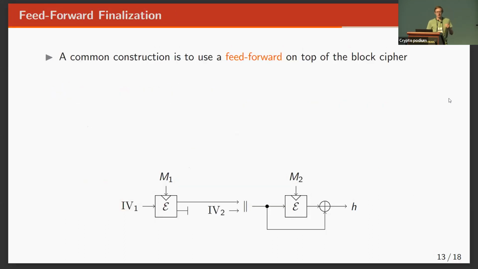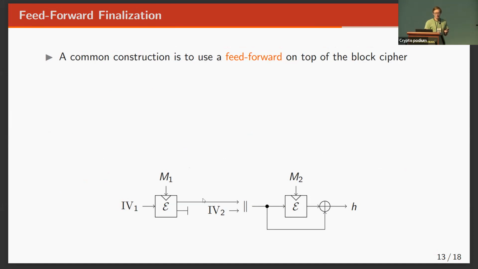So the feed-forward is a common finalization. And what it does is that it takes the input of a block cipher call and also XORs it with the output. And in this paper, we also have more assumptions on what the input looks like. So it consists of 2 parts.